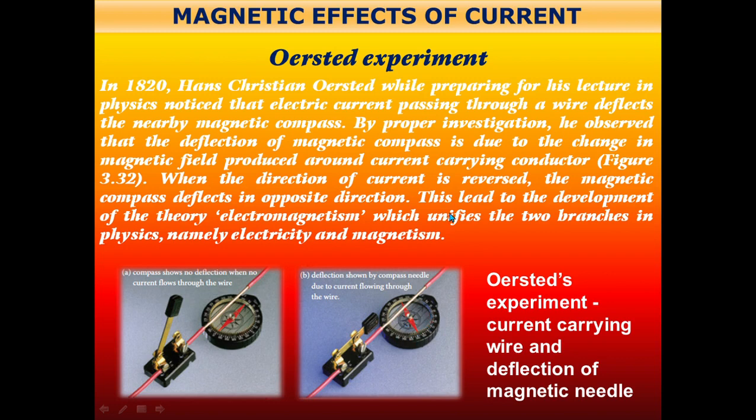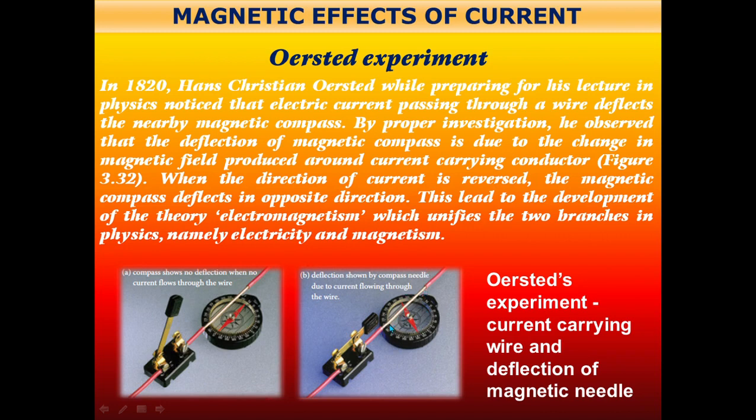This led to the development of the theory of electromagnetism, which unifies the two branches in physics, namely electricity and magnetism. So, when the compass box is placed near an electric current, it is deflected by the current.